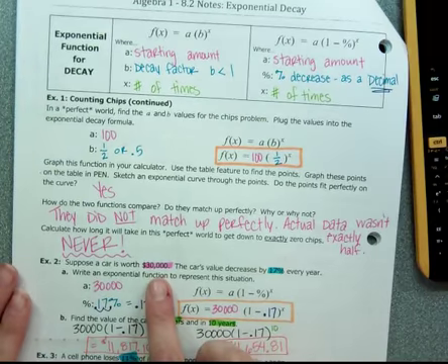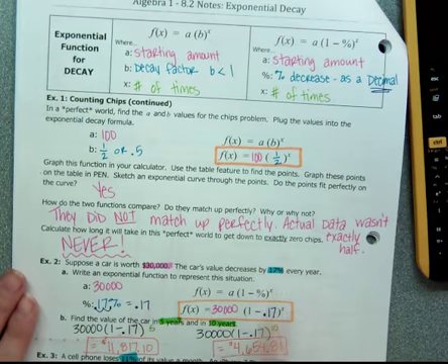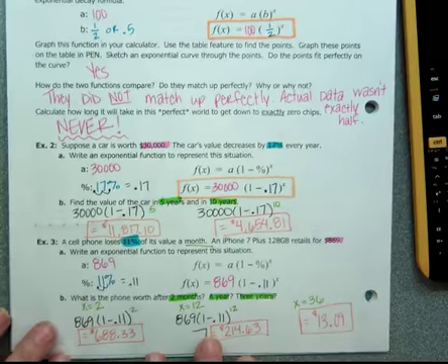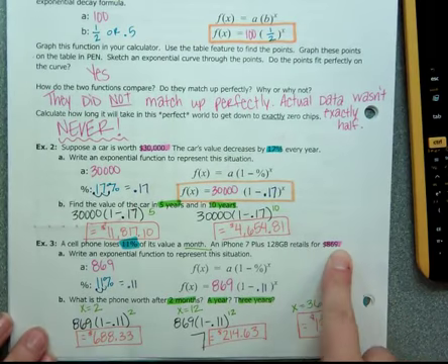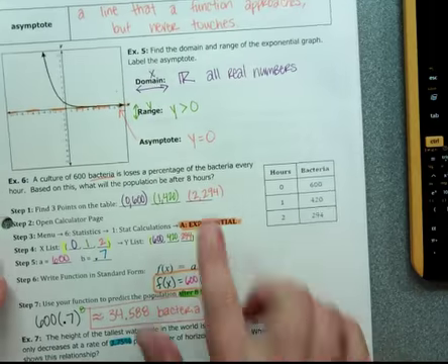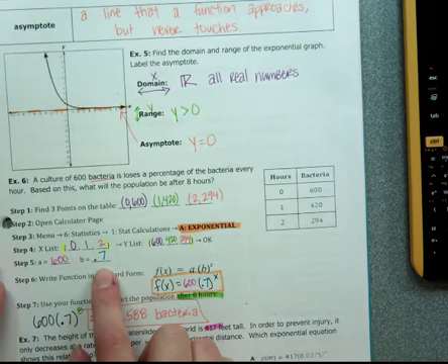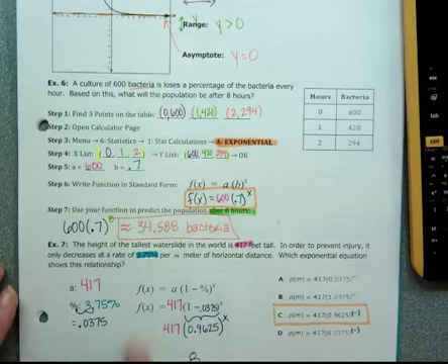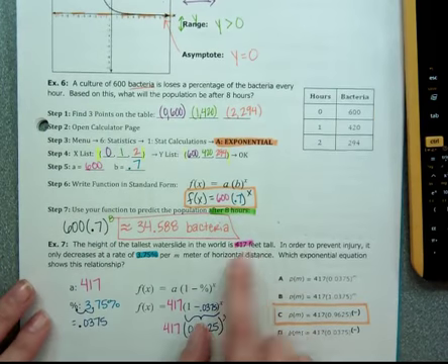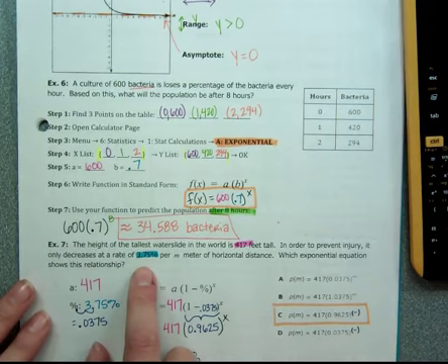A car's value, we had a starting amount and it decreased by 1%. A cell phone, we had a starting amount and it decreased by 1%. Bacteria, we had a starting amount and it decreased by, this time it was a decimal. You could do that. And here we had a water slide that decreased also. So you need to come up with 2 examples.